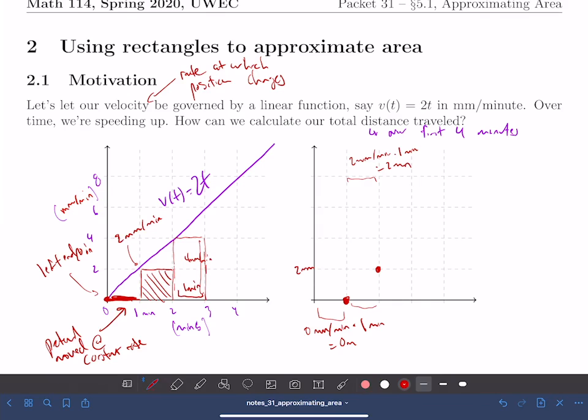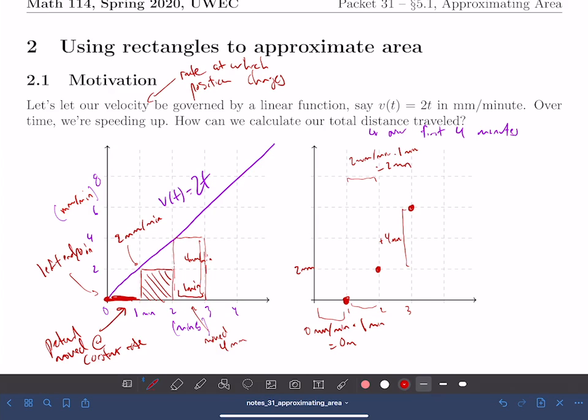And so during that minute I moved 4 millimeters. So at time t equals 3 minutes, I'm adding 4 millimeters, and my height is going to be up there.